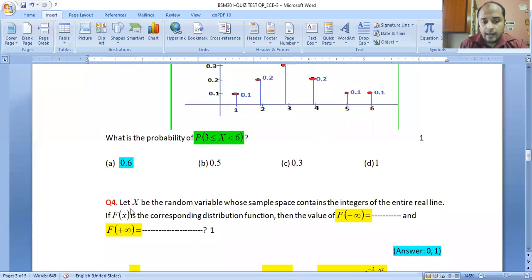And if capital F of small x is the corresponding distribution function, then the value of the distribution function at the extreme ends, at minus infinity and at plus infinity, I have already mentioned in one of my earlier notes. The values are respectively 0 and 1.